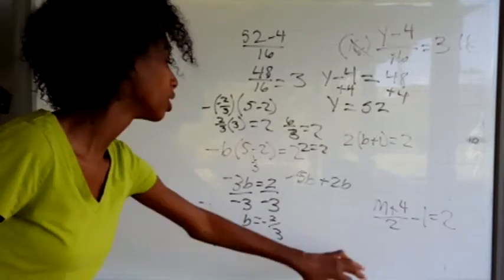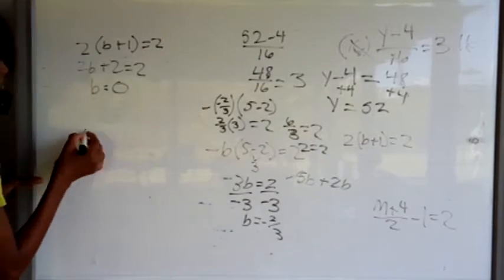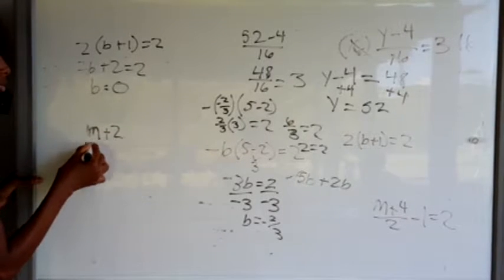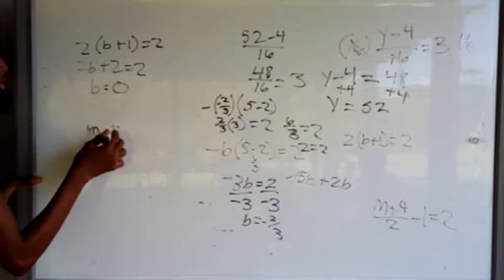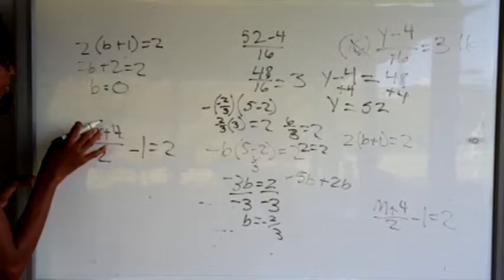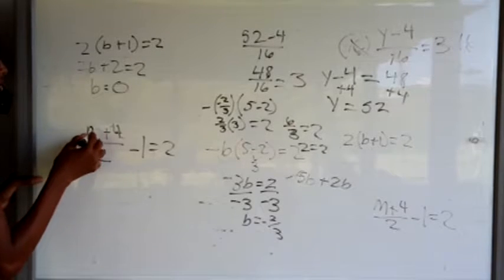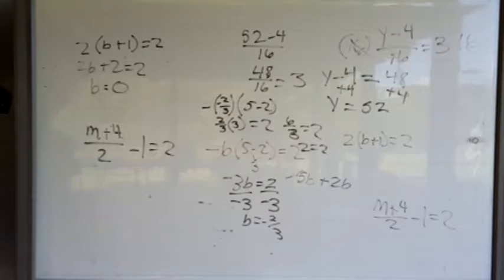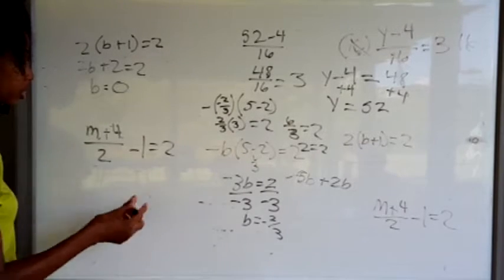Alright, so now we're going to do this one again. So we have m plus 4 divided by 2 minus 1 equals 2. So again, this is all about division, then we have a subtraction. So we're going to start our addition subtraction first. So we're going to add 1.